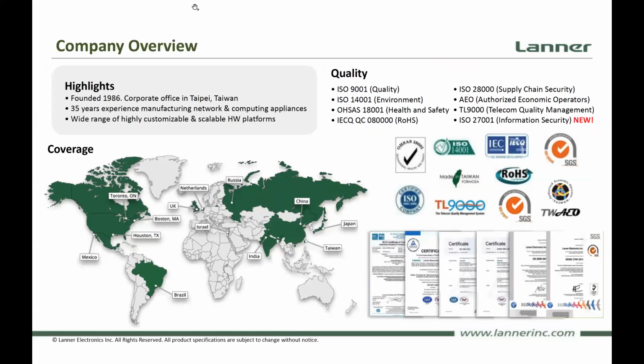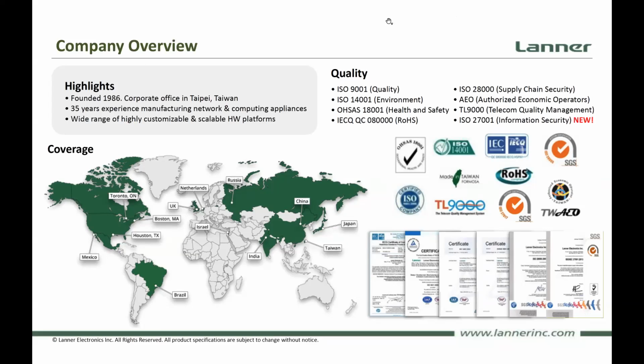No, just a quick overview of Lanner. Lanner is a global hardware manufacturer of networking products and industrial-grade edge computing systems. The company has about 35 years of experience designing, developing, and manufacturing custom-built hardware for well-known names in various industries, including Fortune 500 listed companies.